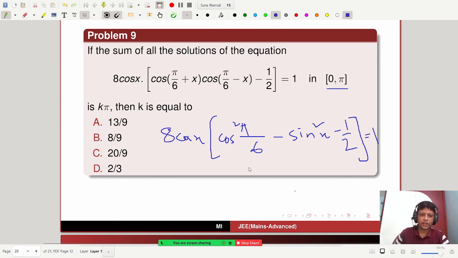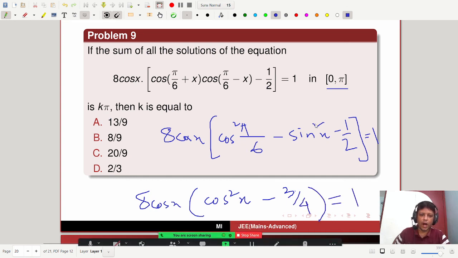Cos square pi by 6 is 3 by 4, since cos 30 degree is root 3 by 2. So this is your 8 cos x, and sin square x you can write as 1 minus cos square x. The simplified form is cos square x minus 3 by 4, equal to 1.